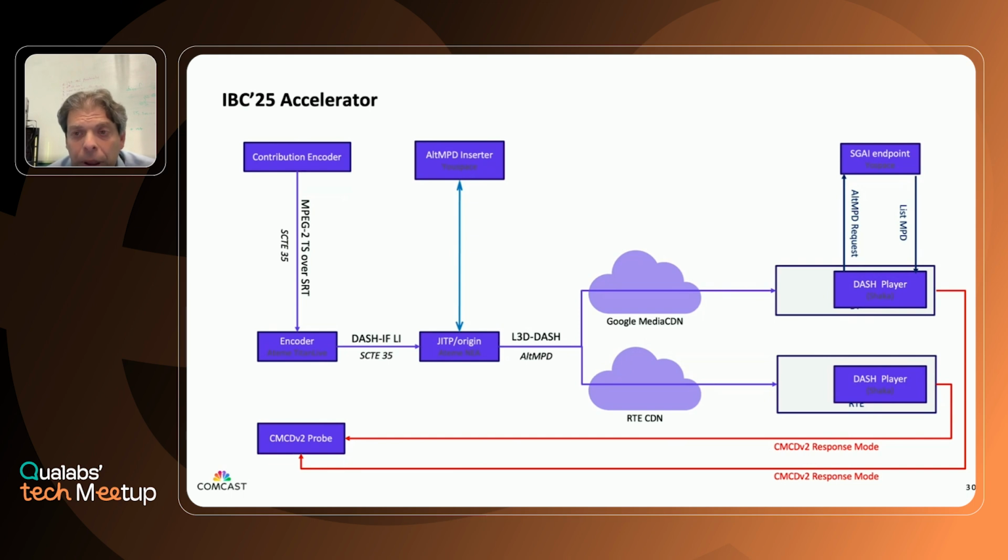It does the translation of alternative MPD requests to the ADS, and translation of VAST into list MPD. And then it also uses CMCDv2 to do beaconing. So CMCDv2 information is in the MPDs, and then we do beaconing using it.